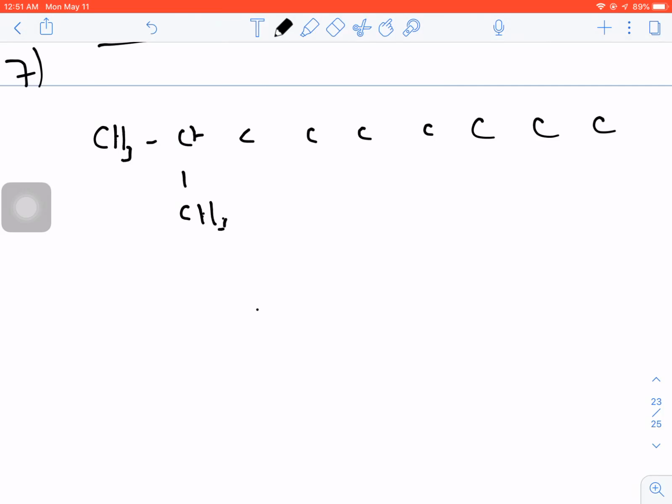This carbon only needs 1 hydrogen because it already has 1 bond, 2 bonds, 3 bonds to carbons. So it's got 1 electron left, which it's going to use for hydrogen. This carbon is H2. This carbon is H2.